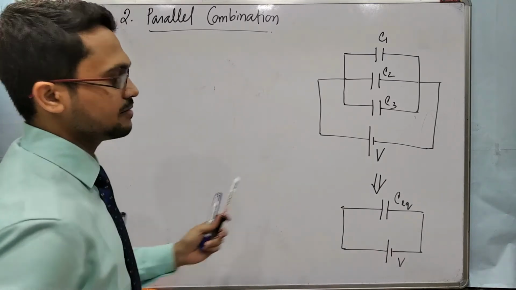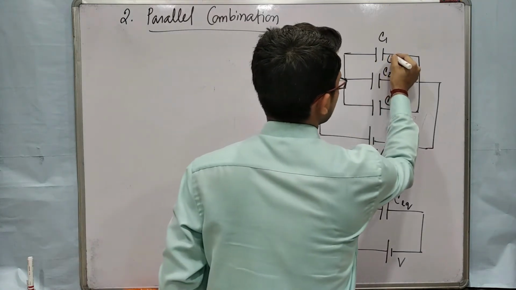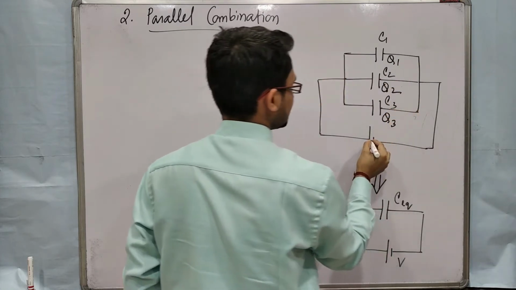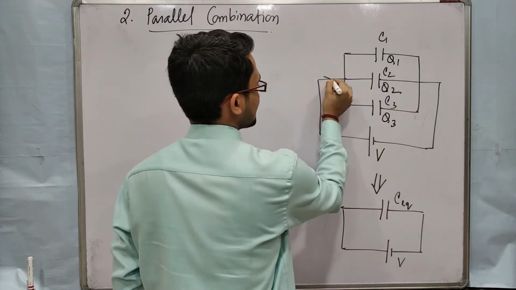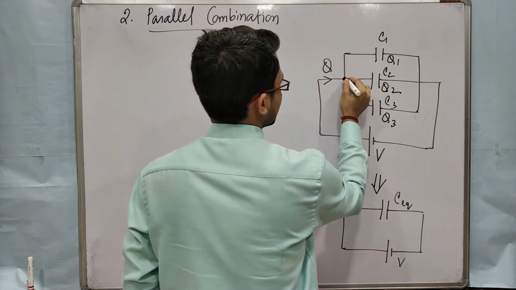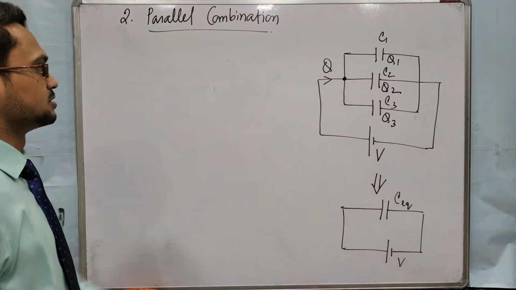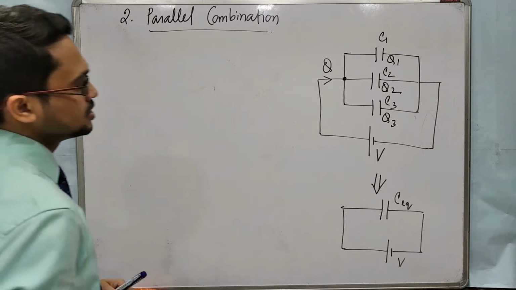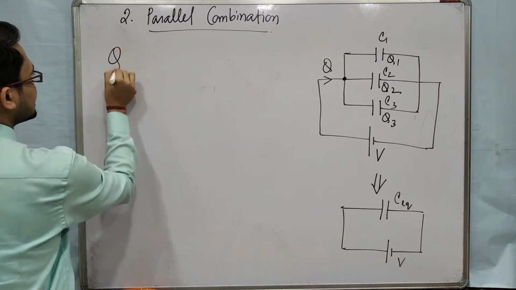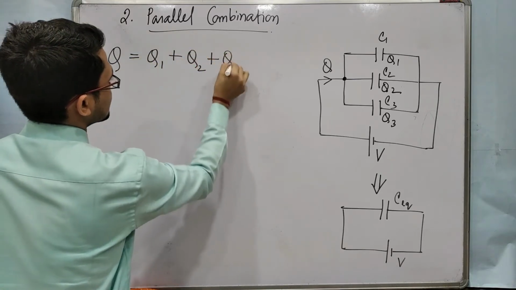And the variable quantity here is the charge. Suppose charge on this capacitor is Q1, this capacitor Q2, this capacitor Q3, and the total charge delivered by this battery is Q. When Q reaches this point, it gets divided into three parts, Q1, Q2, Q3. Clear? So from which equation will we start? The total charge is dividing, that is Q equals Q1 plus Q2 plus Q3.